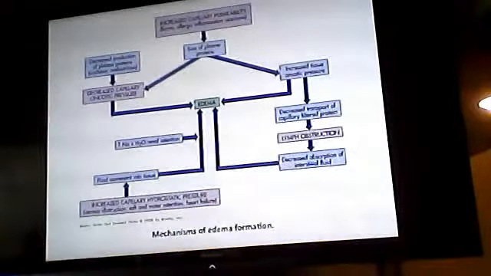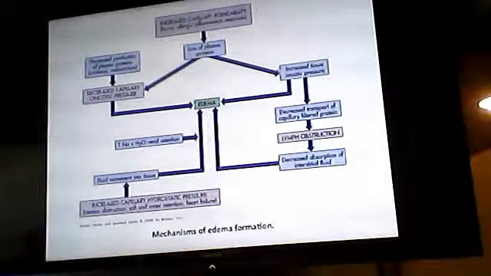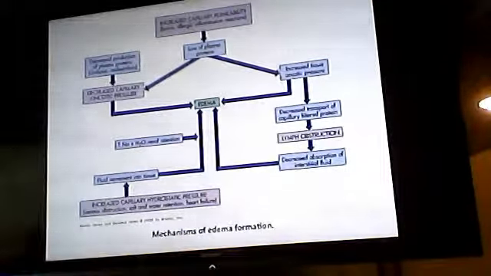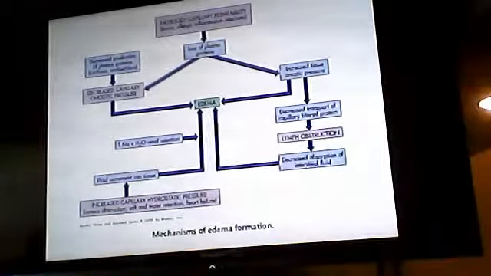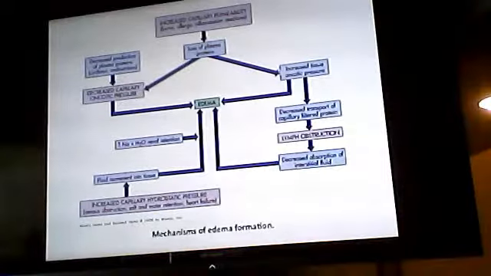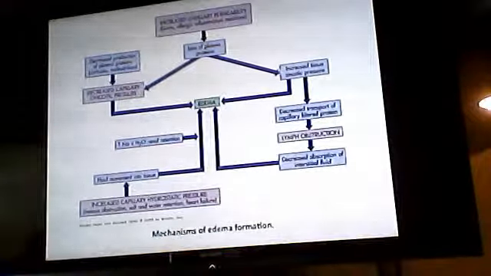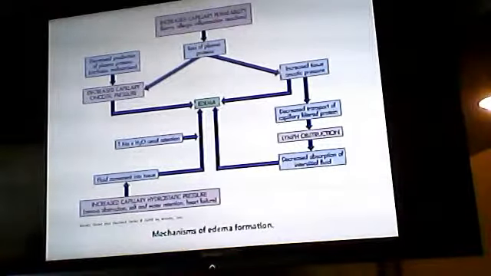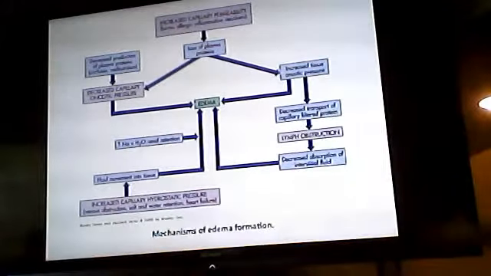This is, I think, an important slide or figure to include on your cheat sheet. It's the edema picture. What it's telling you is if, for example, you had increased capillary permeability, like from a burn or allergic reaction, you start to lose plasma proteins. Plasma proteins are important for oncotic pressure, okay? So there's a difference between your capillary pressure and your tissue pressure.